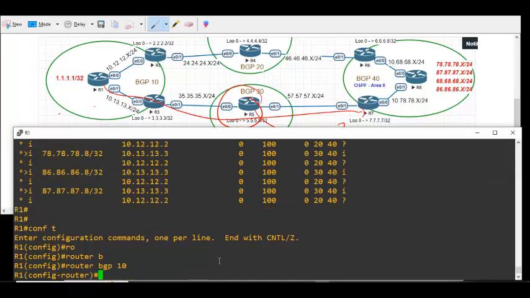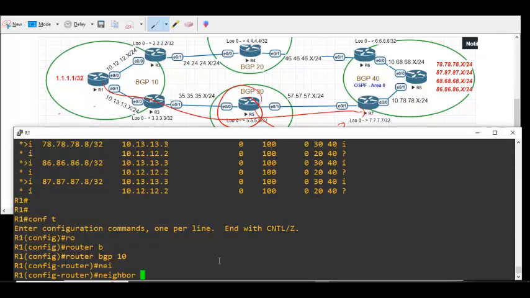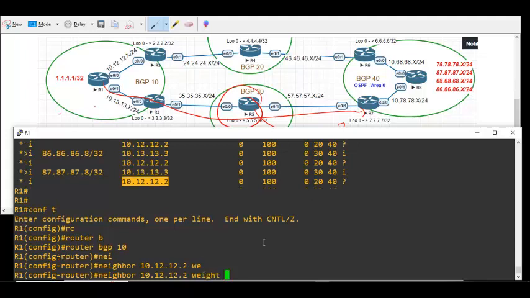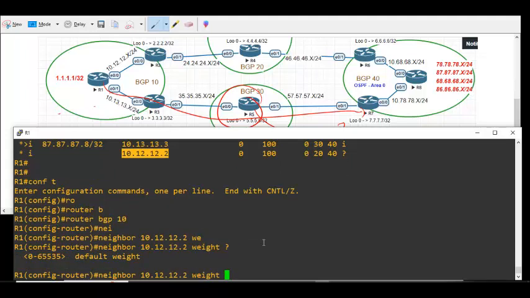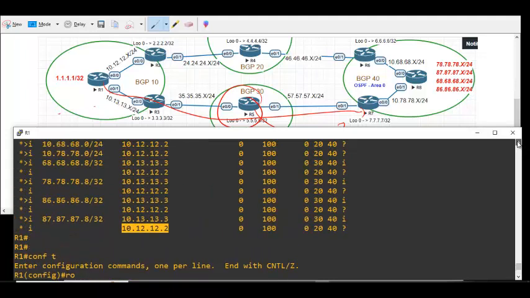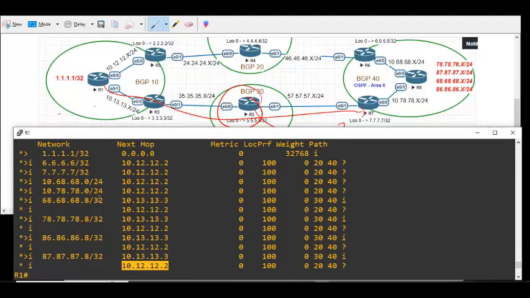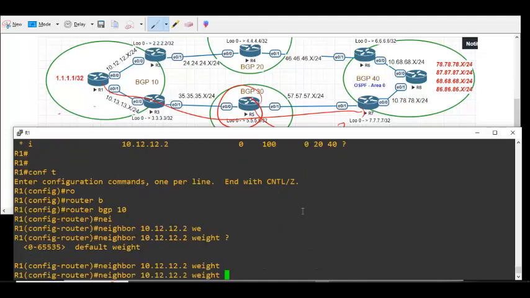My dear friend, don't tell stories. Default weight is 0. Higher is preferred. So I'm going to give 10. And then clear ip bgp * soft. I'm refreshing BGP. Now let's check the BGP table, show ip bgp.